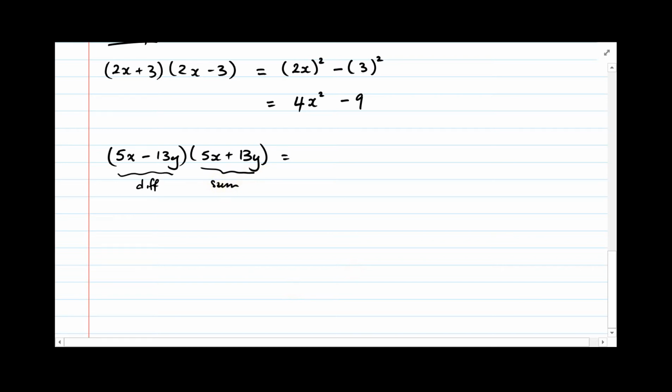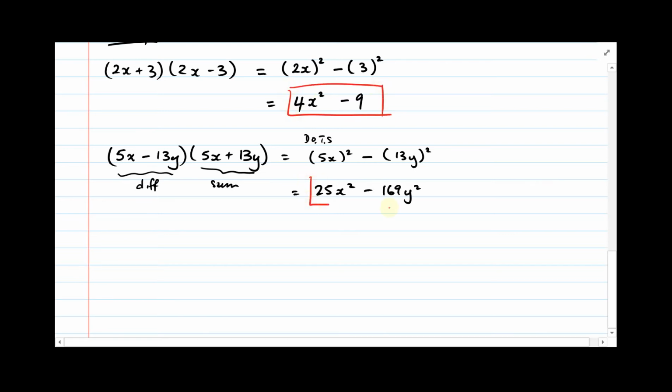And so we must end up with the difference of two squares. What are these squared terms? The first will be 5x all squared. The second is 13y all squared. Getting rid of the brackets, 25x squared minus 13 squared, which is 169y squared. Right? So in both of these cases, your final solution contains no bracket. It's simplified as fully as possible, and this is what you get.